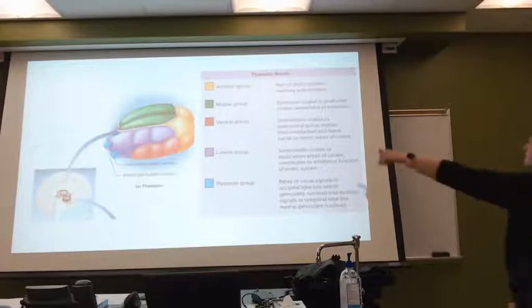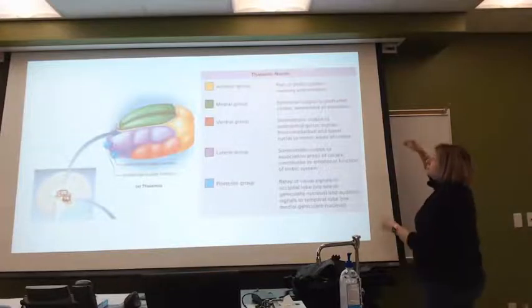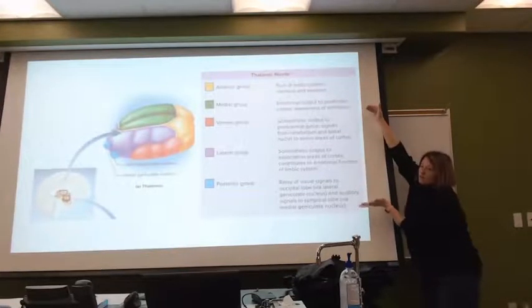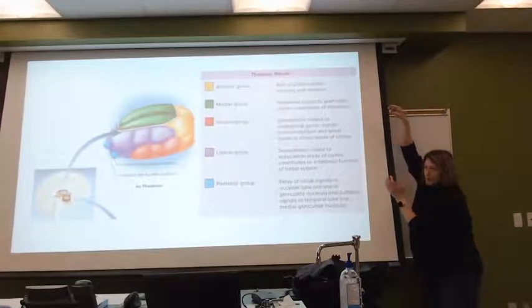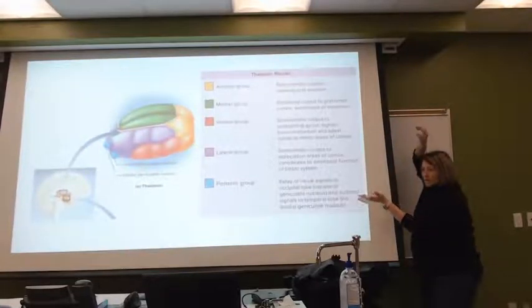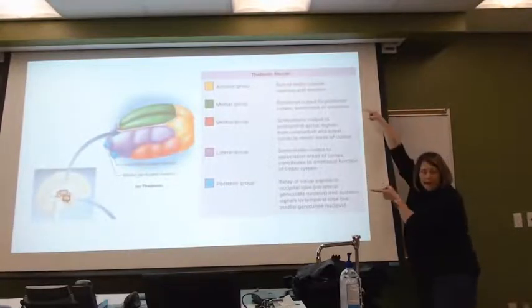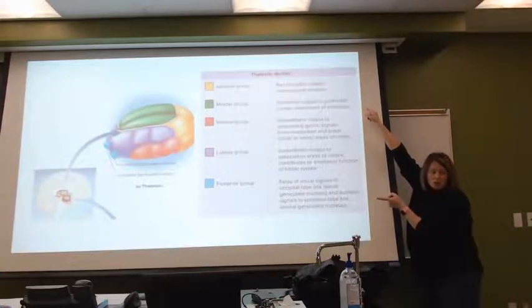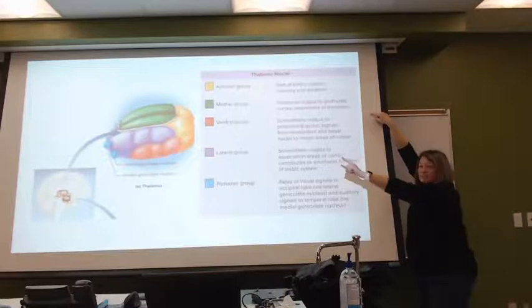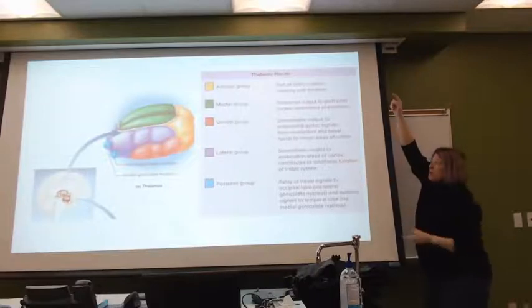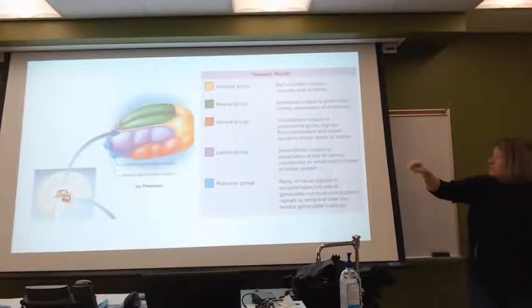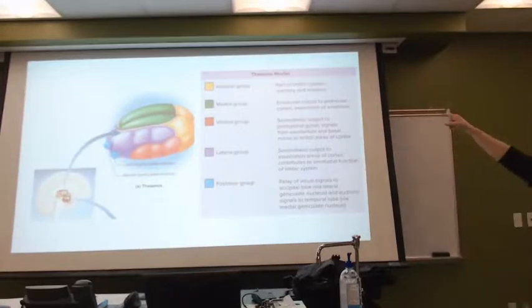Of the groups that exist, these are the things of the body that they deal with. So that thalamus, we have determined that it plays a part in memory, emotion, awareness of emotions.